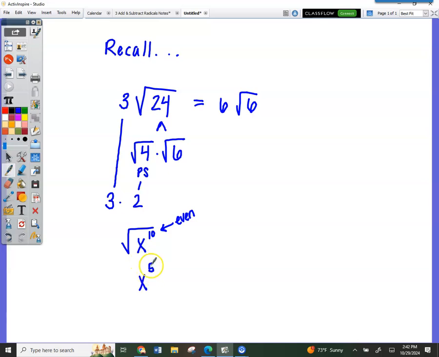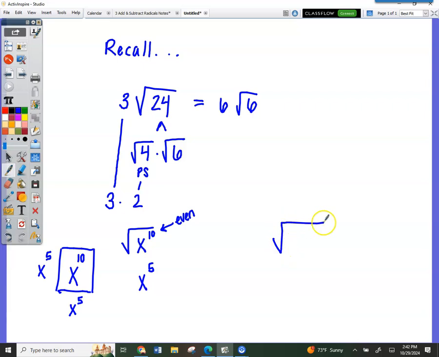It's perfect. How do you take the square root of it? You divide the exponent by 2. If you need to know the math behind it, it's because the area of a square is x to the 10th, and that comes from x to the 5th times x to the 5th. That's the math behind it.